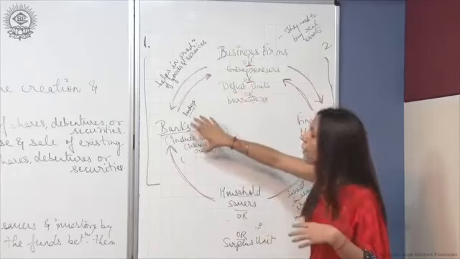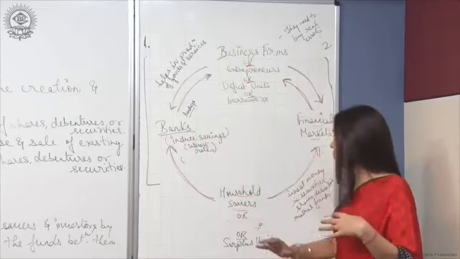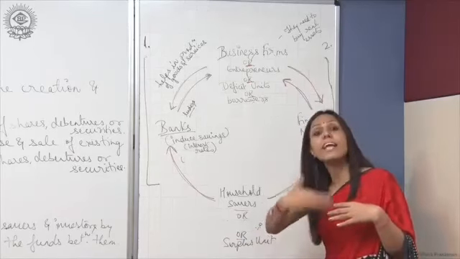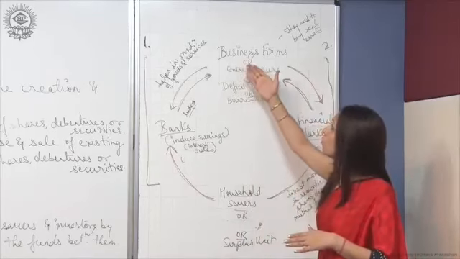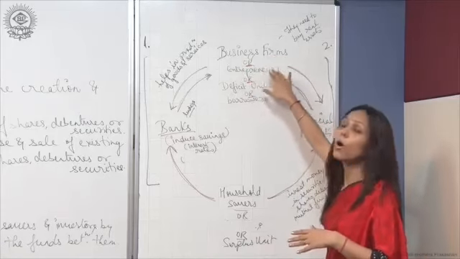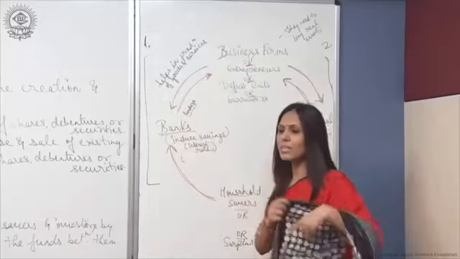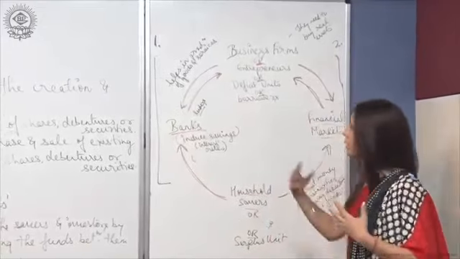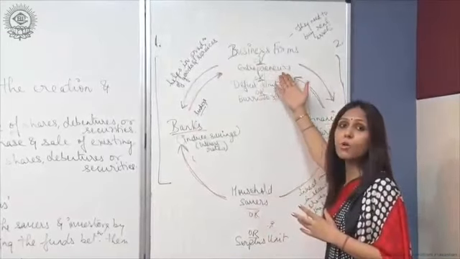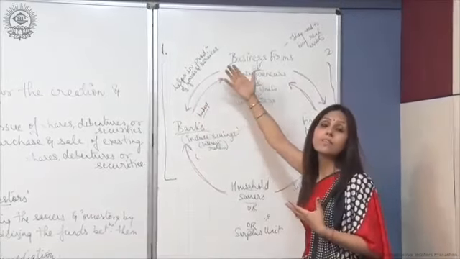So what is the bank doing? The bank is receiving money from the surplus unit and lending that amount to the deficit unit, that is the business firms or entrepreneurs. Banks are helping these business firms to increase the production of goods and services.